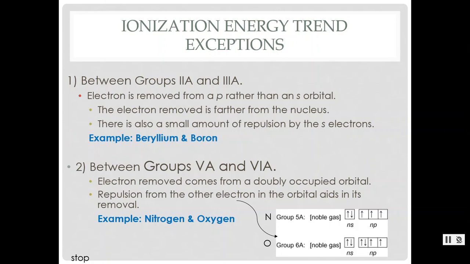If you remember, orbitals like to be half filled, all filled, or not filled. So for those reasons, oxygen, or the elements in group 6, will have slightly lower ionization energies than you would expect with the trend.